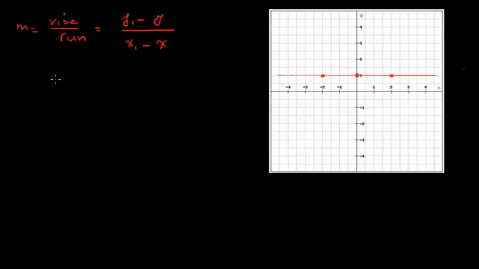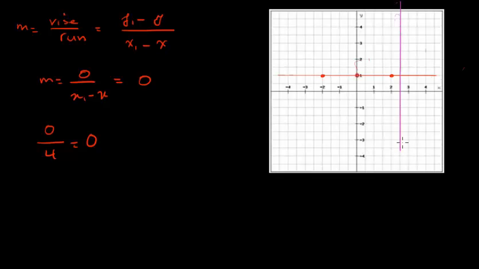Since we have 0 in the numerator, and x1 minus x in the denominator, it equals 0. As you remember, a 0 in the numerator means the value of the fraction is 0. For instance, 0 divided by 4 equals 0. The same rules apply to this one. So when y is 0, we have a slope of 0.